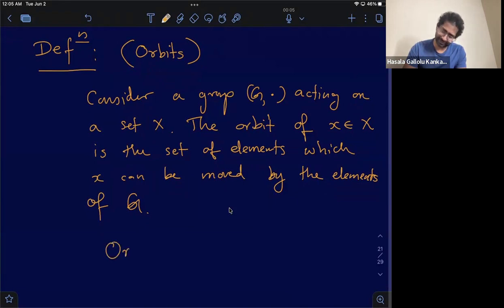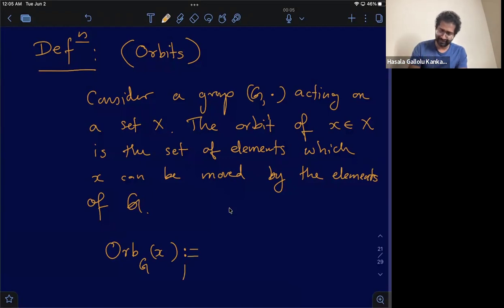So you can do this. Orbit, you're going to define orbit. Let's come up with a notation. Let's call it orb. But this orbit depends on G. So orbit of X depending on G, by definition.